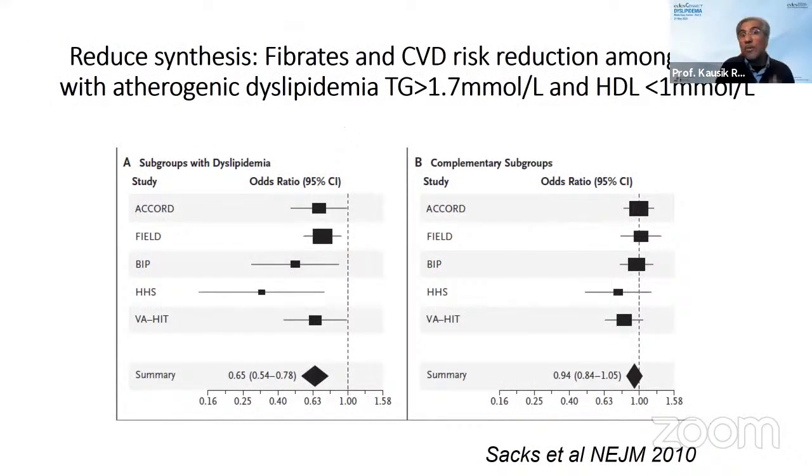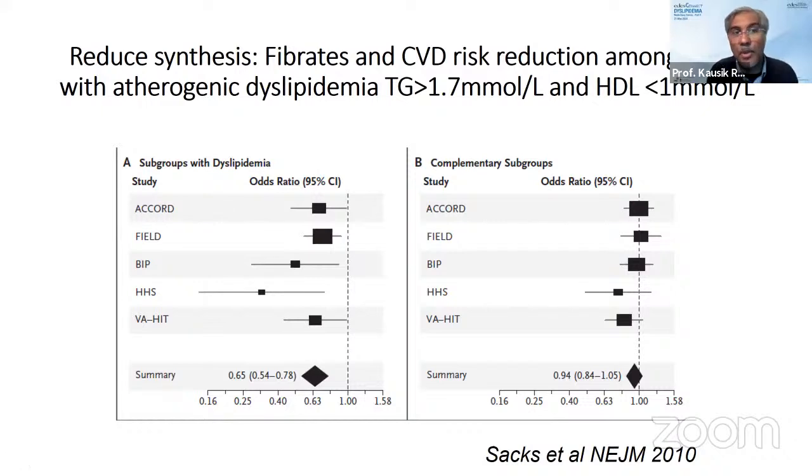Now, the next thing you could do is consider a fibrate. We don't have really good compelling data. We have subgroups of pre-existing studies, and there's a clear difference between those people that don't have an elevated triglyceride, who get no benefits from fibrates, and those that do have high TG and a low HDL.